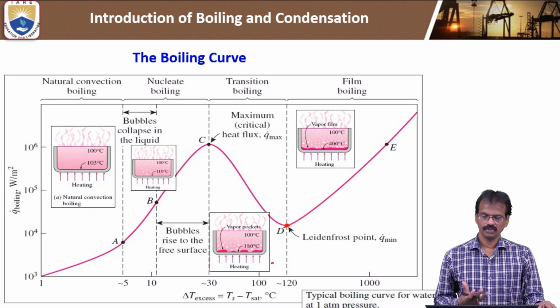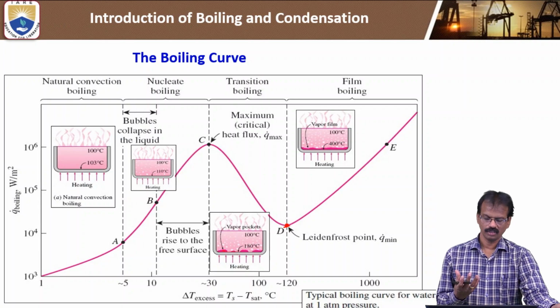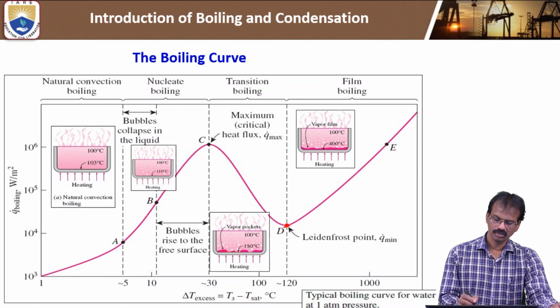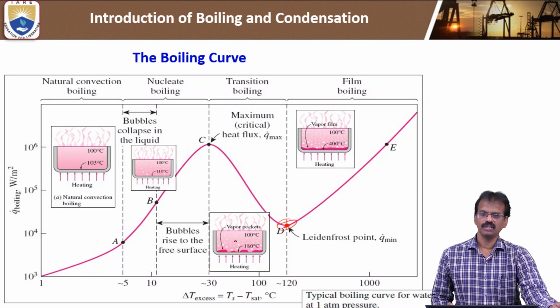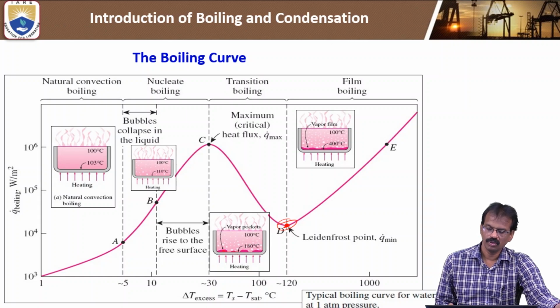This thin film is a vapor resistance; the conductivity of the vapor layer is very low. So due to this, the heat transfer rate will decrease. This is the point where the heat flux is gradually decreasing.